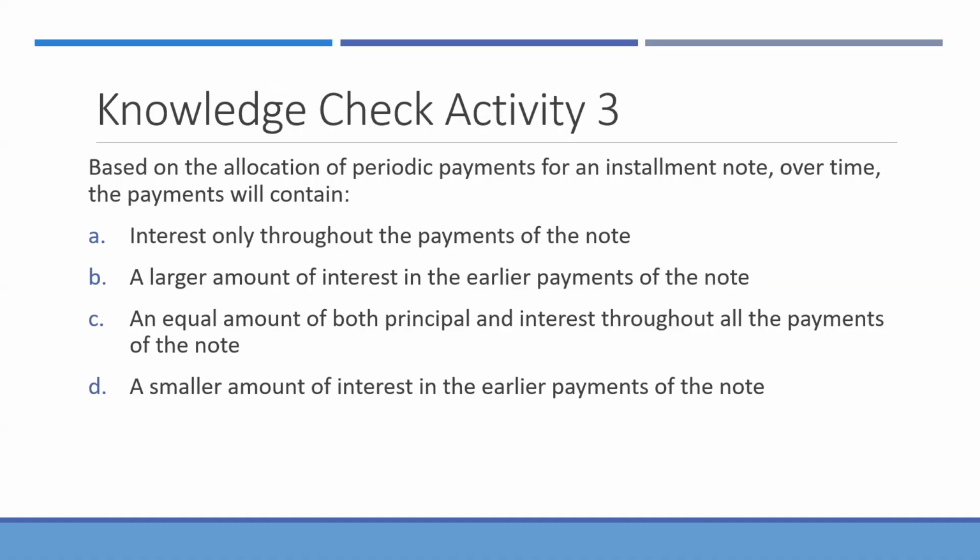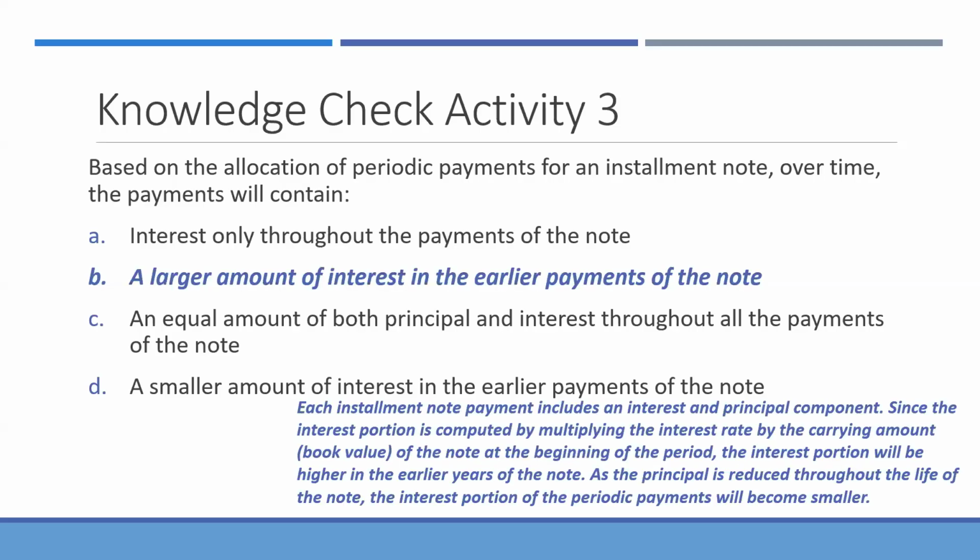Based on the allocation of periodic payments for an installment note, which of the following is true? What will the payments contain? So B, exactly.